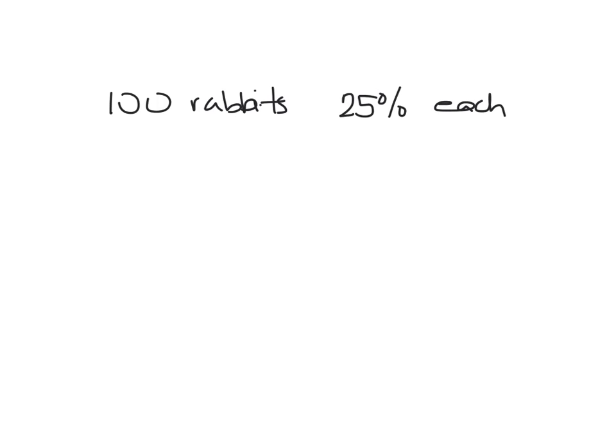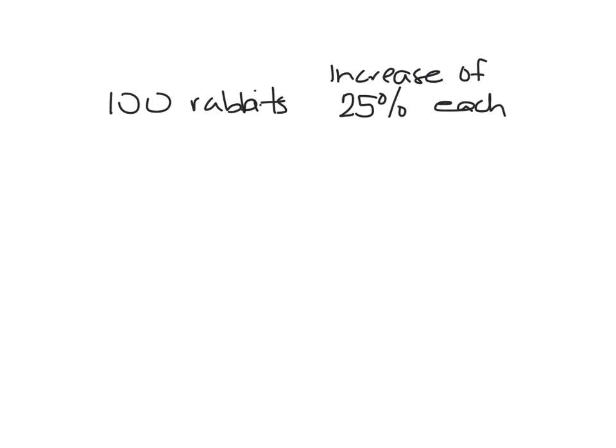So let's take a look at one more example real quick, and this one is not on your notes. Let's say, for example, that we go with the same population of rabbits. We start out with 100 rabbits, and let's assume that there was a drought or something, so the rabbits were increasing by 25% each year.